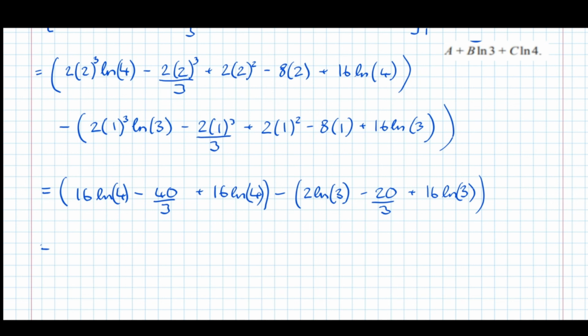So that gives me 32 log 4 minus 40 over 3, double minus 20 over 3. So minus 40 over 3 plus 20 over 3 leaves us minus 20 over 3. Then the log 3's. So 2 log 3 plus 16 log 3 is 18 log 3, and there's a minus at the front. Minus 18 log 3. And that's it done. So we'll finish there. Integration by parts. Practice the worksheet.